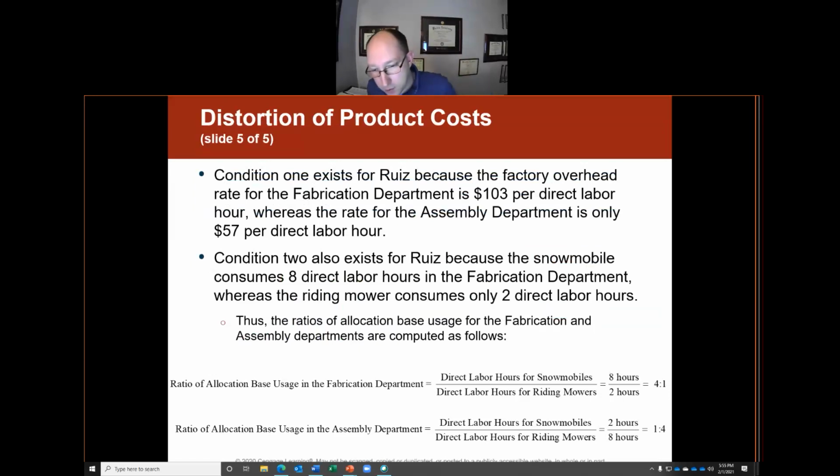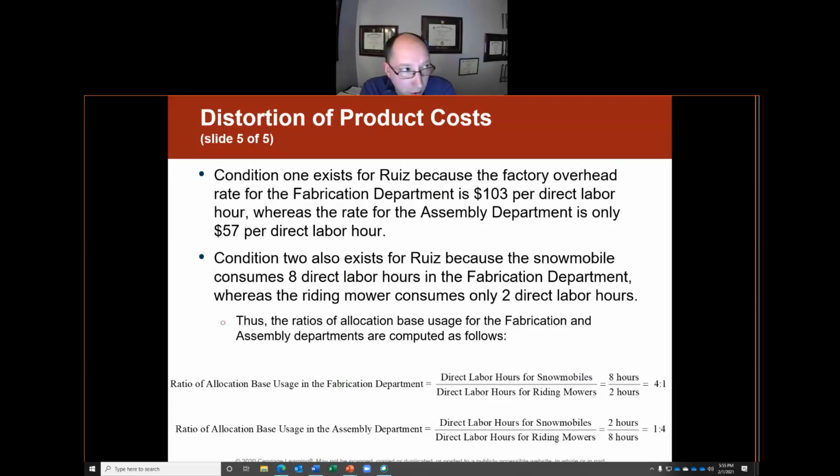Here's the fun formulas. So remember, when we talked about the single plant-wide method, we talked about taking the total annual budget for overhead divided by the total budget for the number of labor hours. That gave us the single plant-wide rate method.